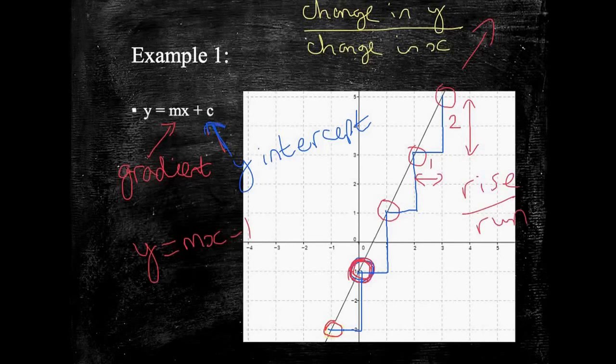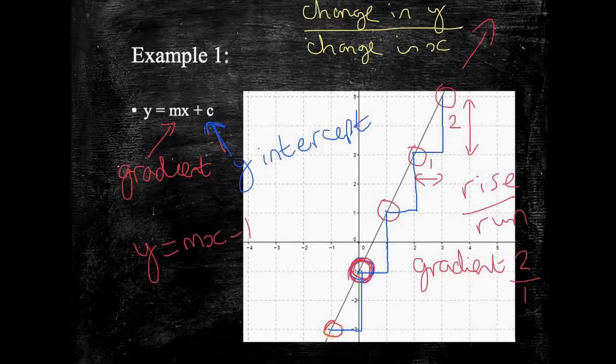How far up or down did it go compared to how far across it's gone? Again, we get exactly the same numbers, 2 and 1. So in this case, we can say that the gradient is, well, it's gone up 2 and along 1. 2 divided by 1. Well, 2 divided by 1 is just 2. So I can change my m that I had here for my gradient.